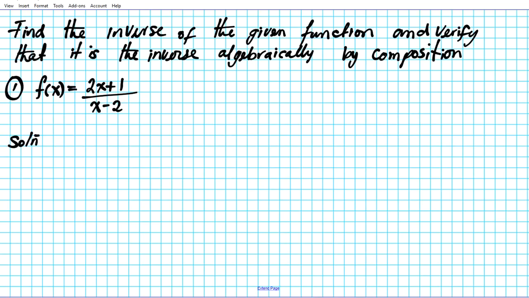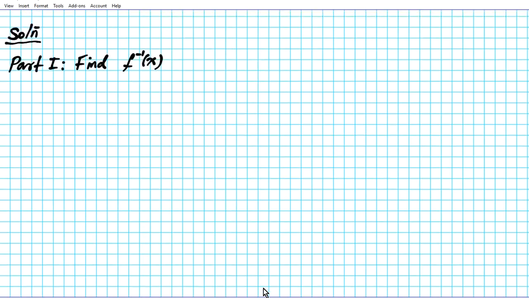We're going to start off by finding the inverse function. Okay, so part 1, we're going to find the inverse function f inverse of x. Okay, let's go ahead and do that.